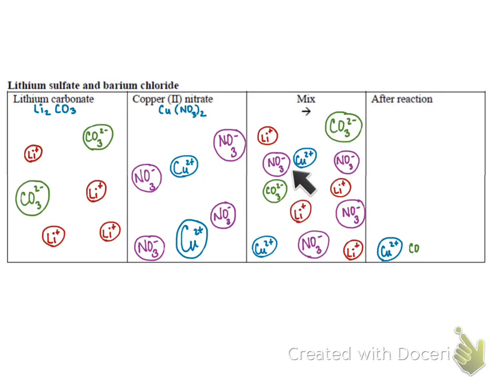Again, I have 1 copper for every 2 nitrates, and I've got 2 lithiums for every 1 carbonate. Then you have to figure out which ions are going to get together and form a solid. In this case, copper and carbonate are going to find each other, and those two are going to be insoluble according to solubility rules, and they are going to make a solid.